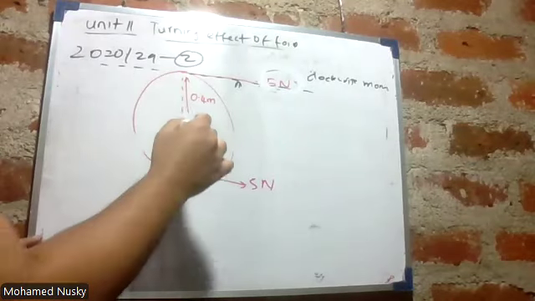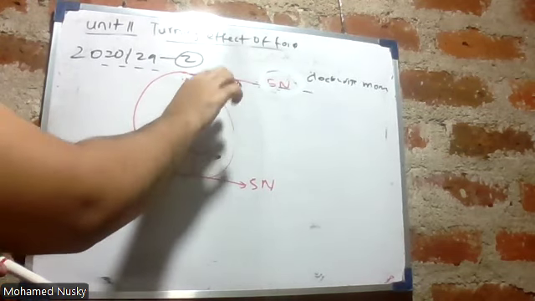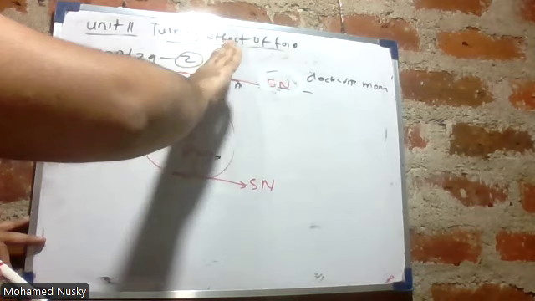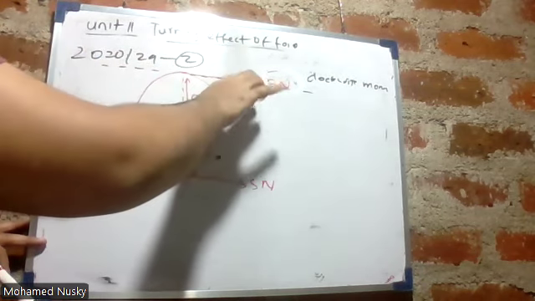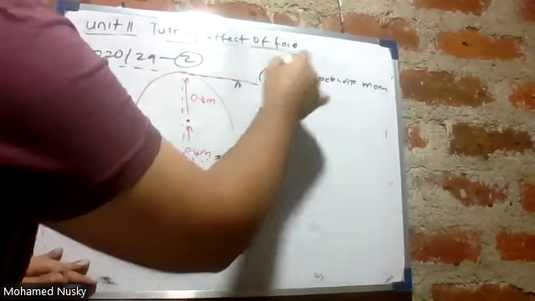Now this is the axis of rotation. We are going to keep the thumb here and move the fingers in the clockwise direction. This force is in the clockwise direction. Therefore, this is a clockwise moment.